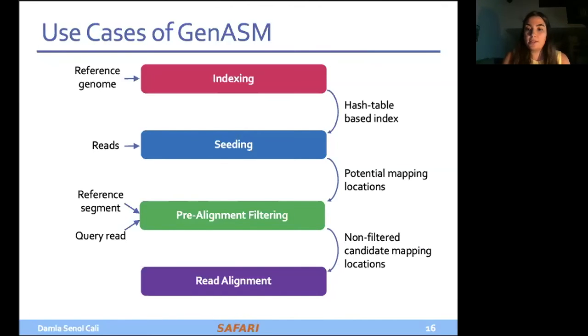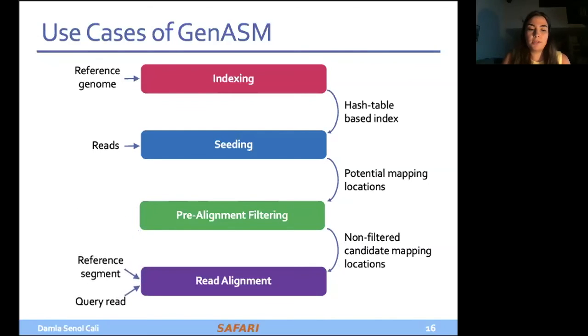In the last step, for all the non-filtered candidate mapping locations, the read alignment step, also called seed extension, performs a dynamic programming-based alignment to determine the best location of the query read. As part of this step, a traceback operation between the reference segment and the query is also performed in order to find the optimal alignment.